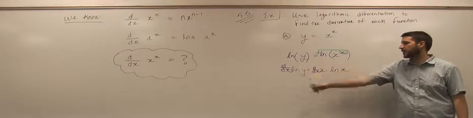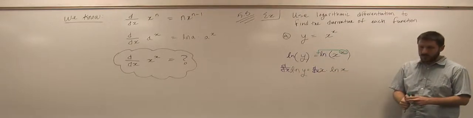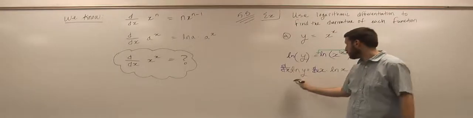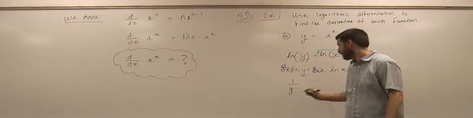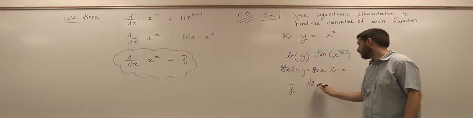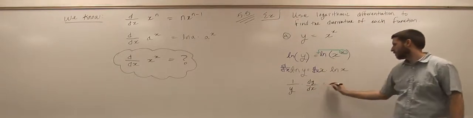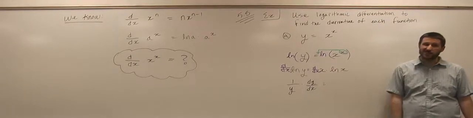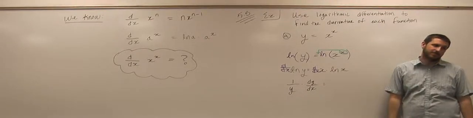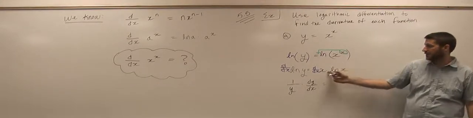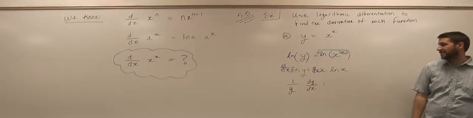What happens when I derive ln y? When you do the derivative of natural log, you get 1 over whatever's inside times the derivative of the inside. What happens when you do the derivative of x ln x? It's a product, so you gotta do the product rule.